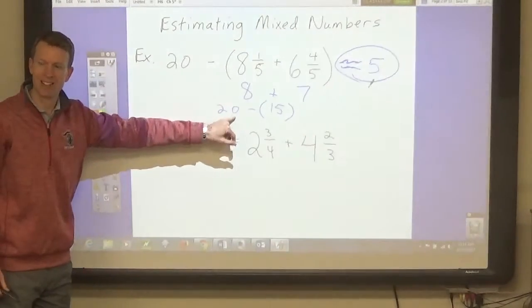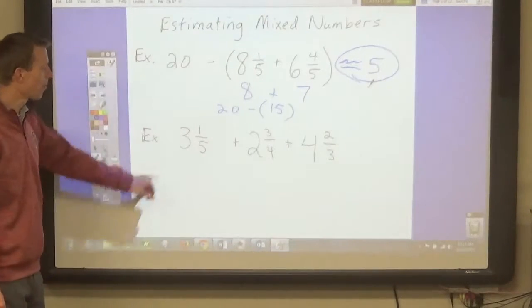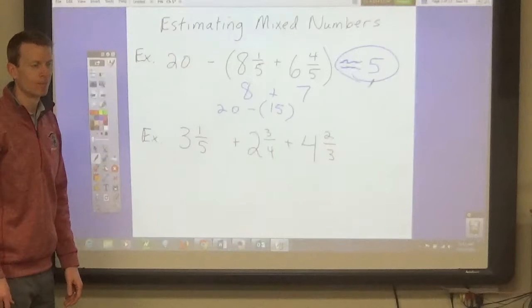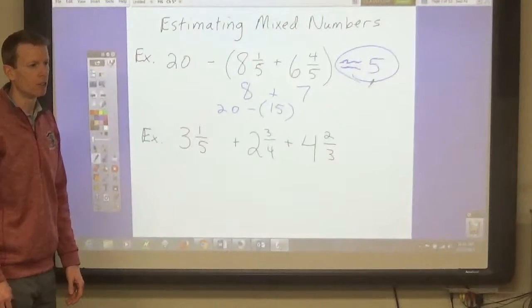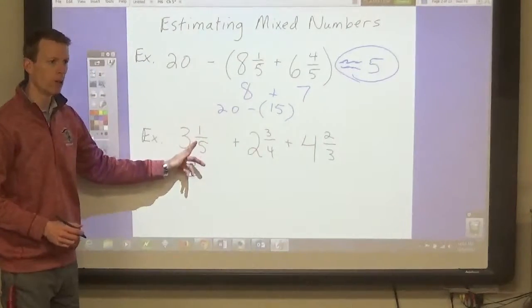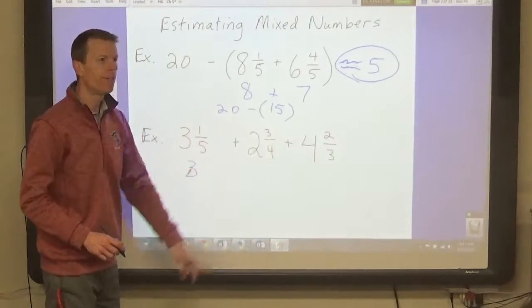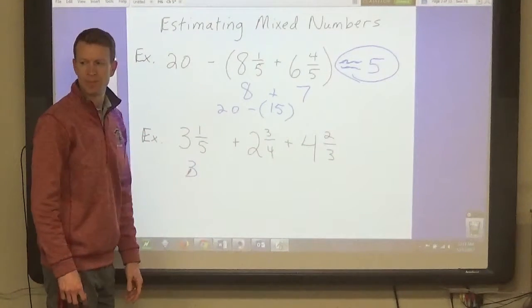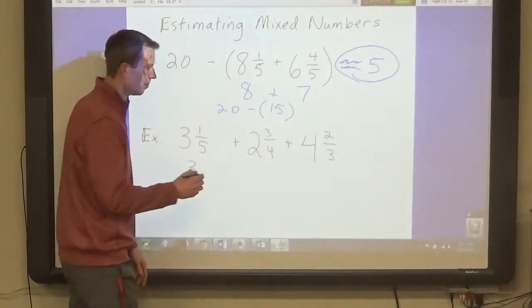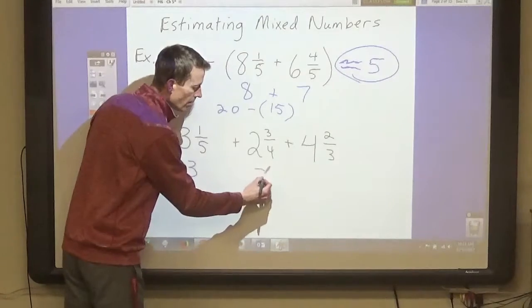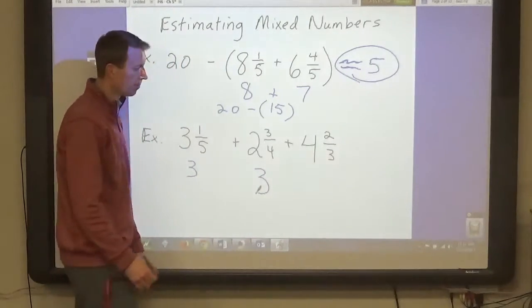Yep, follow along. How about 3 1/5? Peter, what would that be closest to? 3, because 1/5 is closest to 0. How about 2 3/4? Abby? 1. So this would round to 3, right?